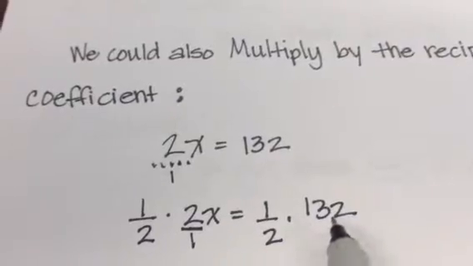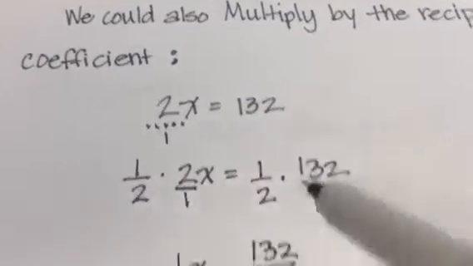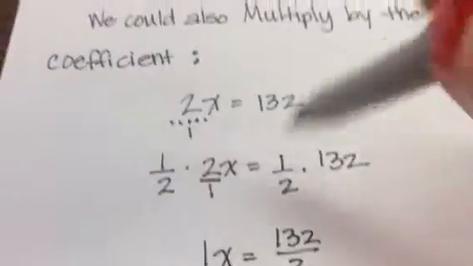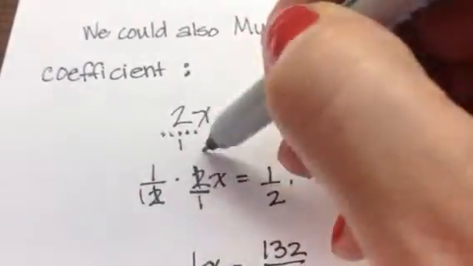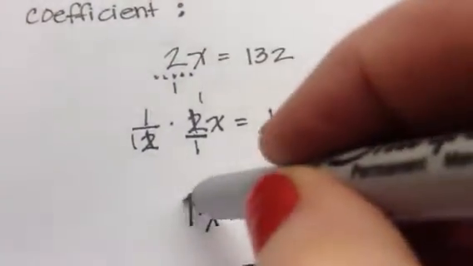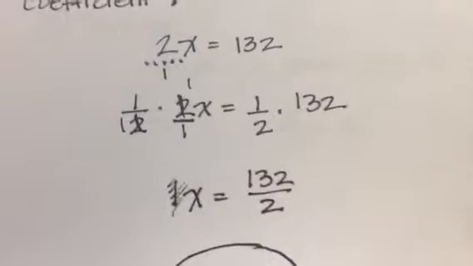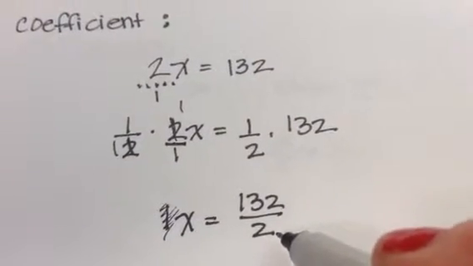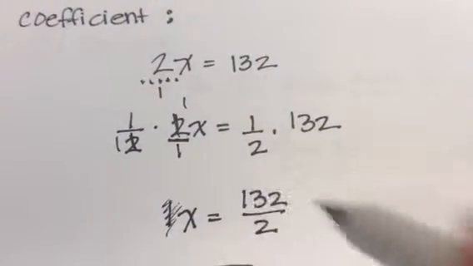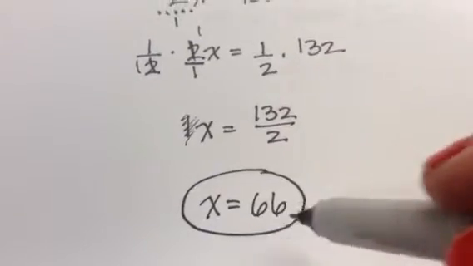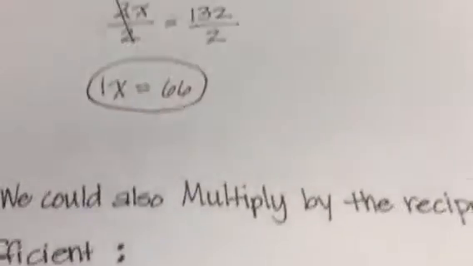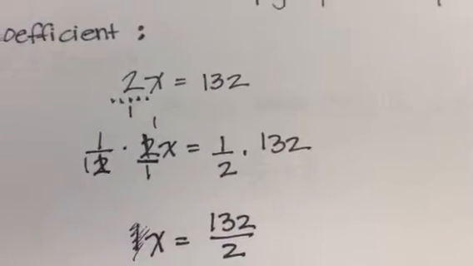So 1/2 times 132. That leaves me with 1x, right? Because this goes into itself once. 1x, and I don't really even have to draw that 1. So x equals 132 divided by 2. Divide 2 into 132 and you get, ta-da, 66. Same answer, just a different looking equation.